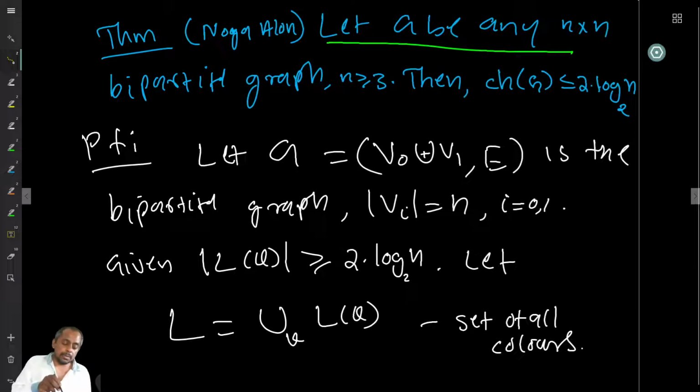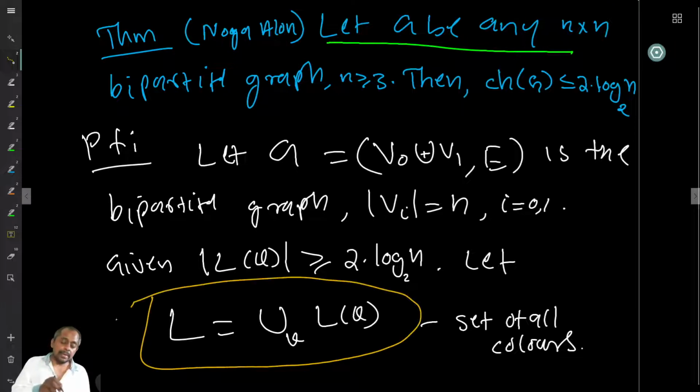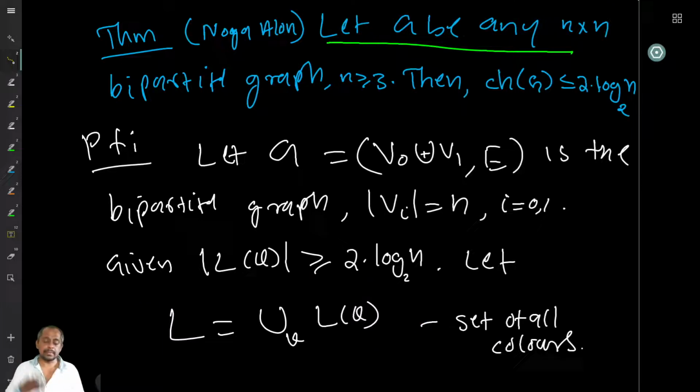Now you take the union of all the available colors and form the big list L. This is the universe of all the colors that are in the lists given to you. Whatever lists you give, it doesn't matter, you take the union and find the universe. This is the set of all possible colors.